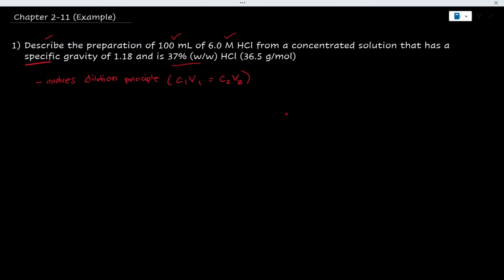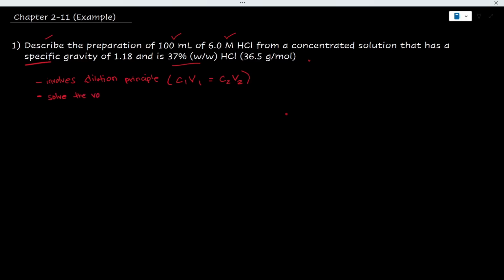The basic concept here is that we get a specific volume from a concentrated solution and prepare a diluted solution, which in this case is 6 molar with a specific volume of 100 ml, and we need to describe it.